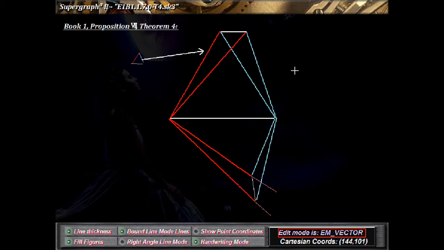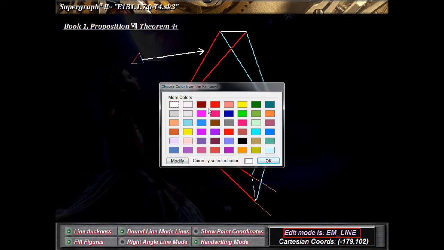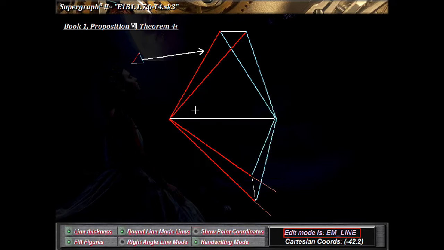Okay, that's this one. And here, if I draw it right, it should be completely unambiguous. Whoops. Damn.